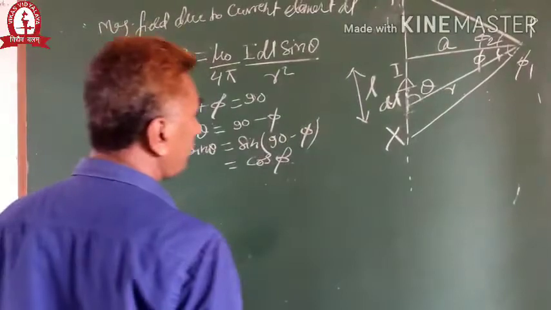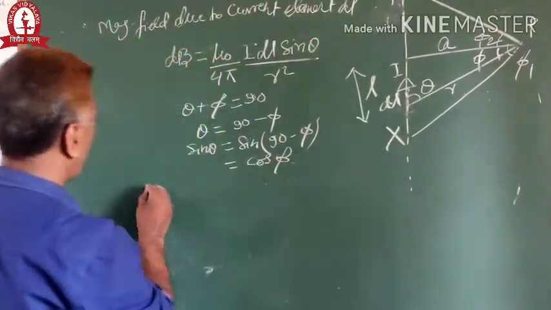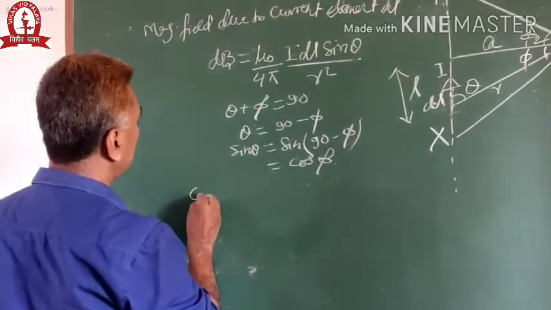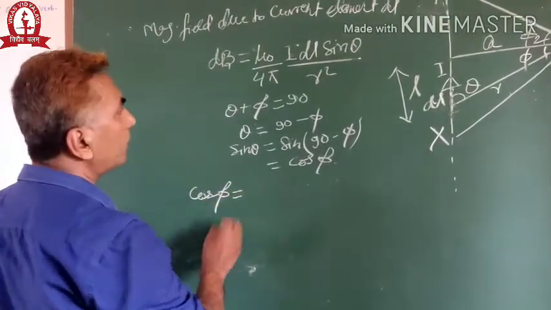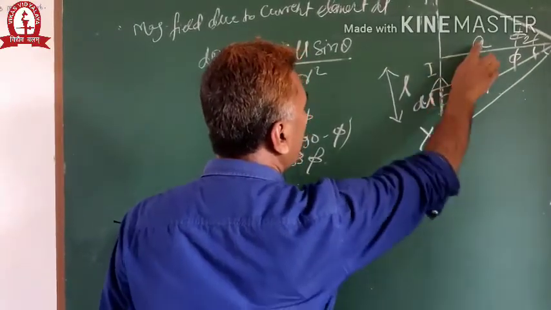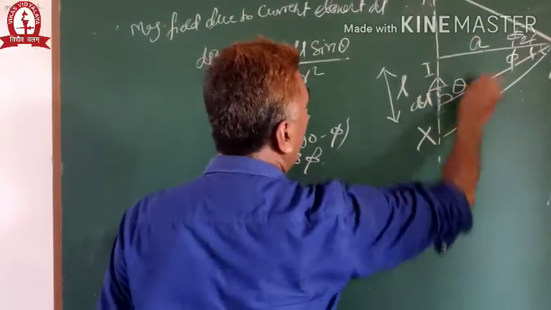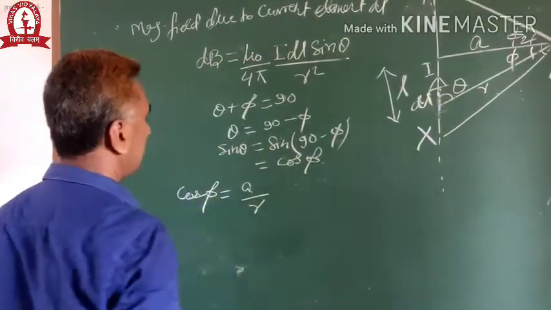Okay. Now see, we have cos phi is equal to what? See here, cos phi will be equal to a upon r, right?